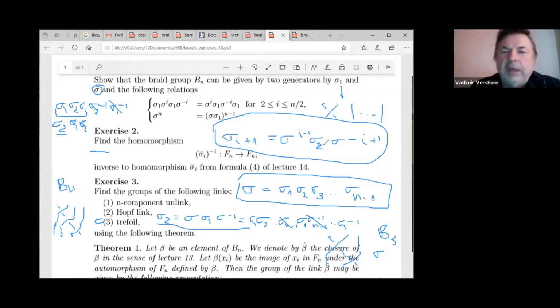And the same way by induction, we prove this for sigma 3, for example, and so on.